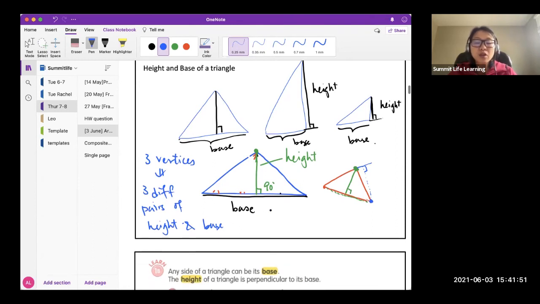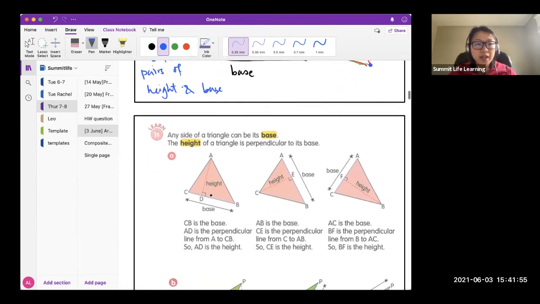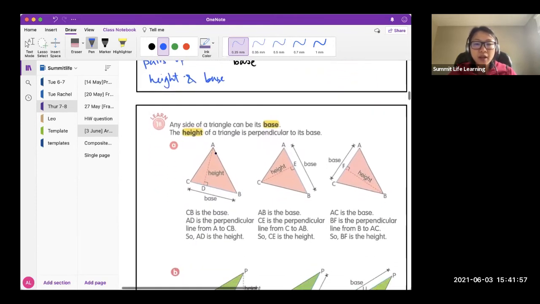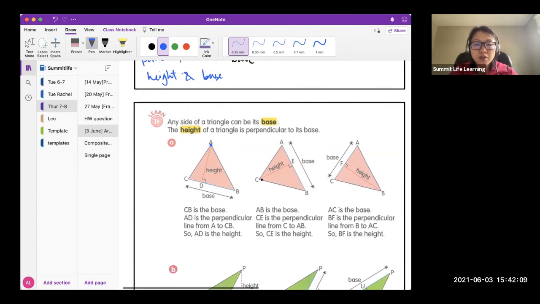The first task is you need to identify the height and base as a pair. If you have a height dropping from A to BC, this is the height and this is the base. If you have a height dropping from vertex C to AB, now AB becomes the base and CE becomes the height.